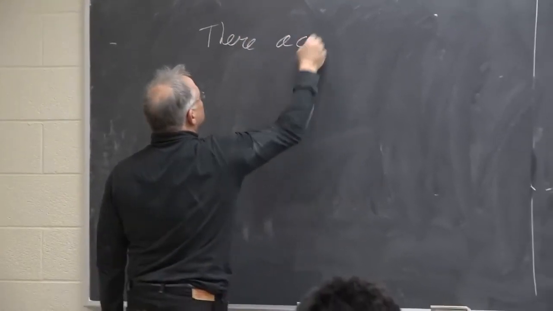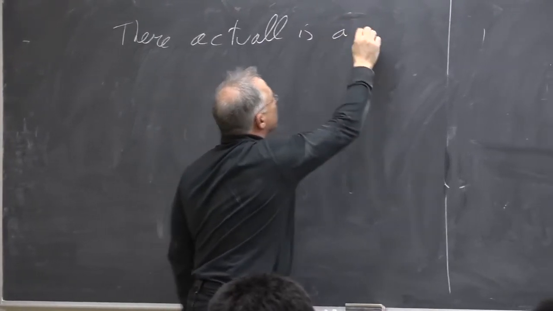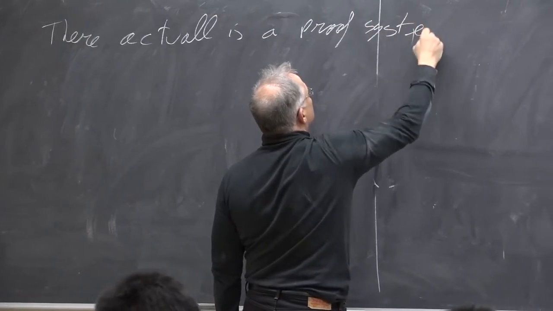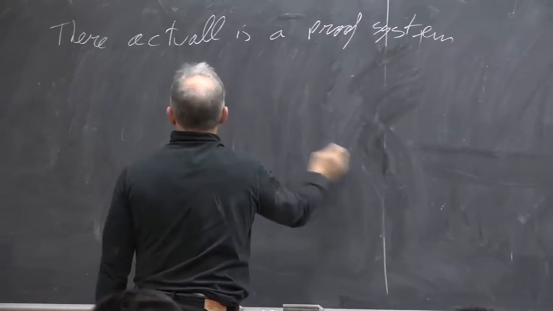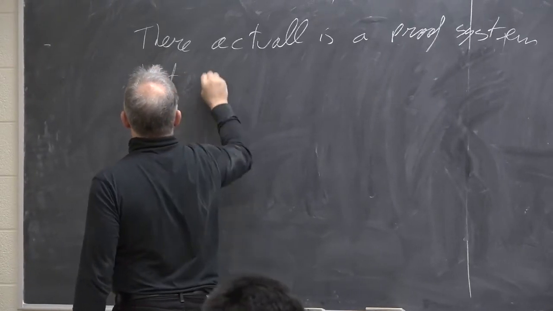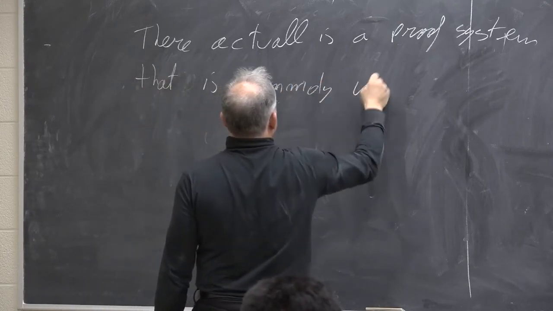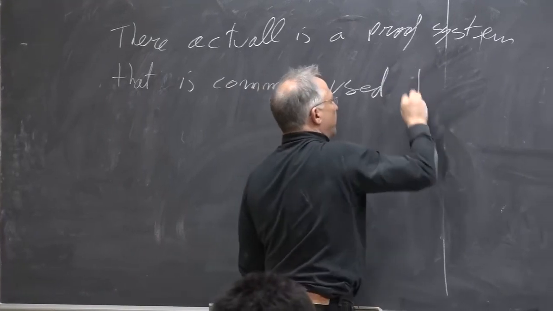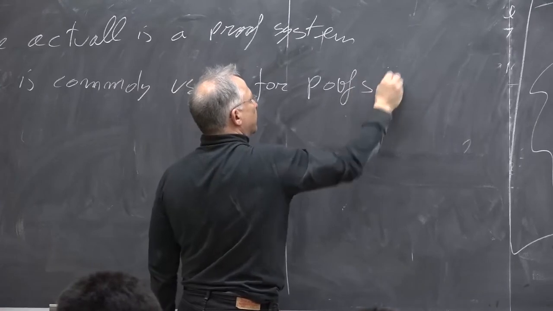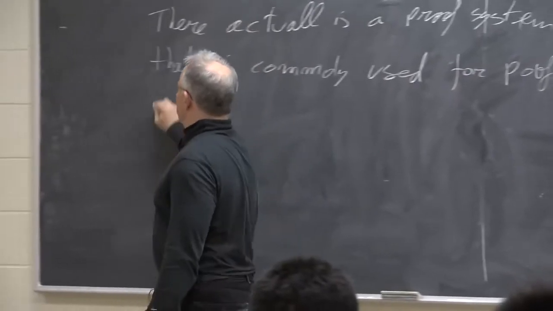So there actually is a proof system that is commonly used for proofs for the natural numbers. And this is called Peano arithmetic.